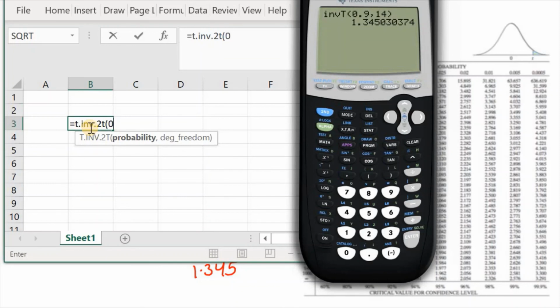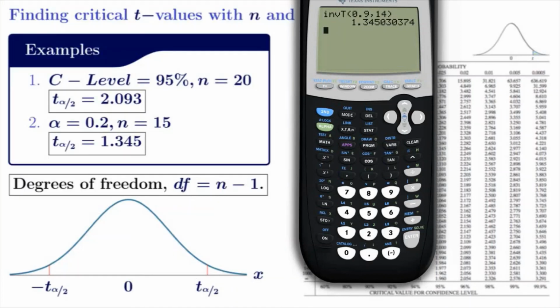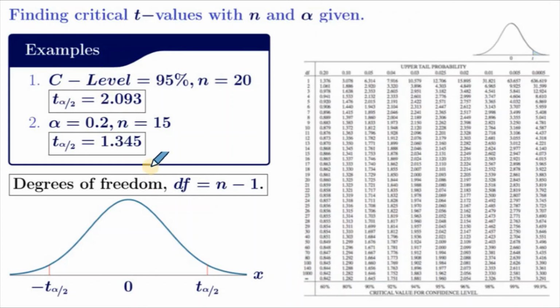Our alpha here is 0.2, then degrees of freedom is 14, then close your parentheses, then hit enter. So this is what we got using Excel, and this is exactly what we got using table and also using calculator. And finally, on this slide here, I have listed the answers for both of these problems.